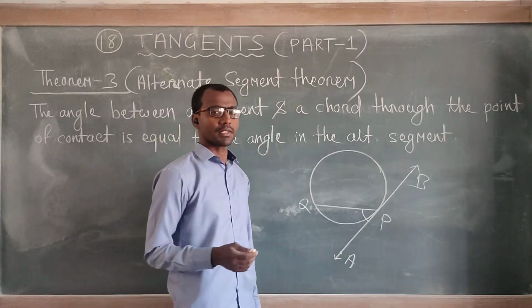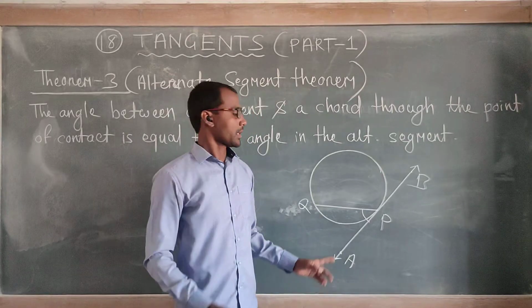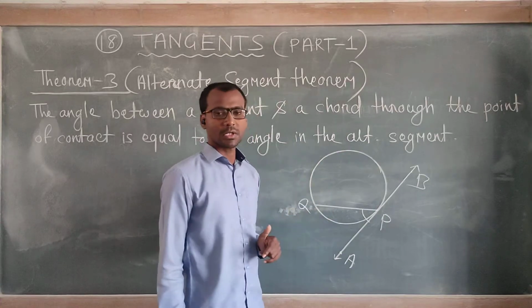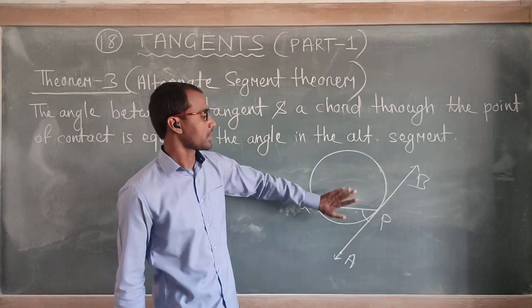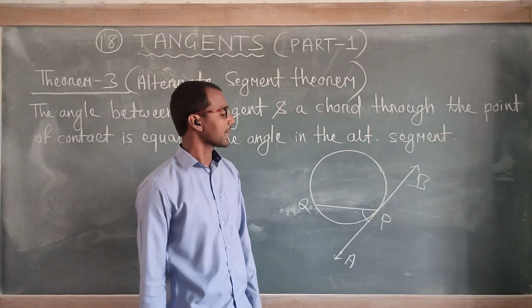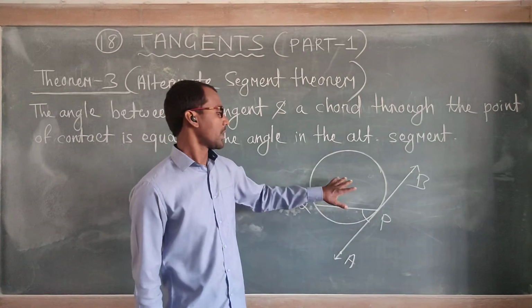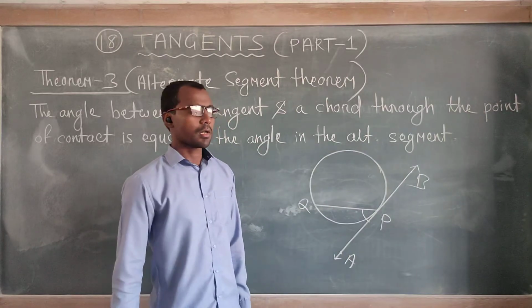Now see, a segment is the region bounded by a chord and an arc. See this circle. PQ is a chord. This is one segment, this is another segment. This region is called the minor segment because it is smaller in size, and this is called the major segment.